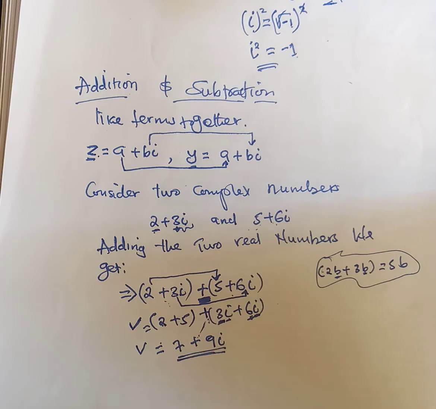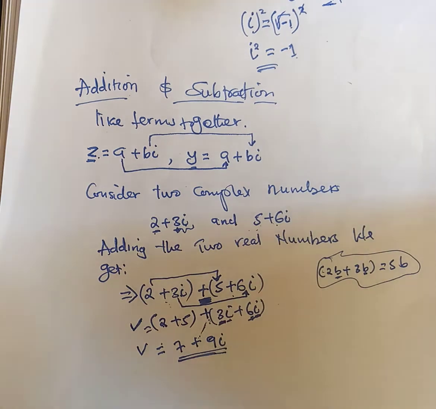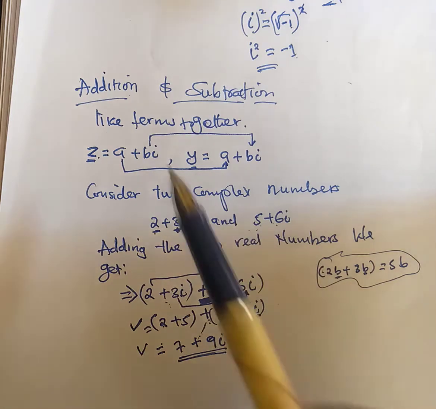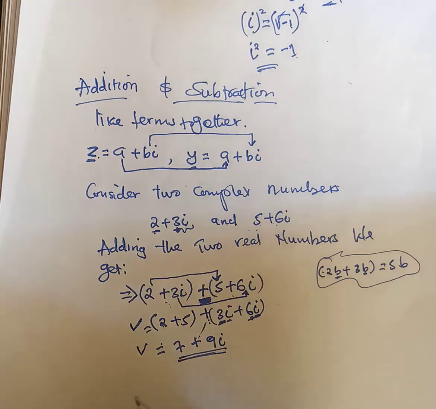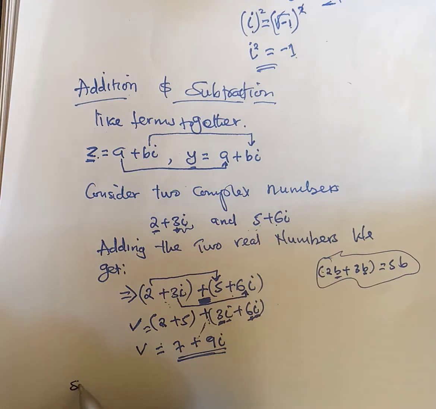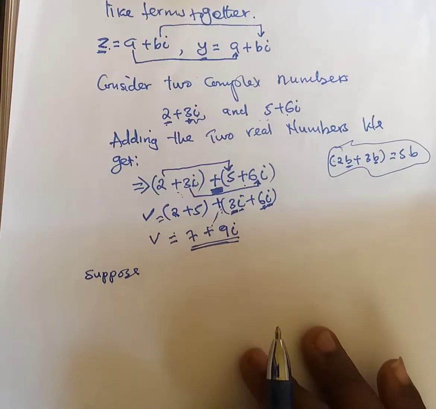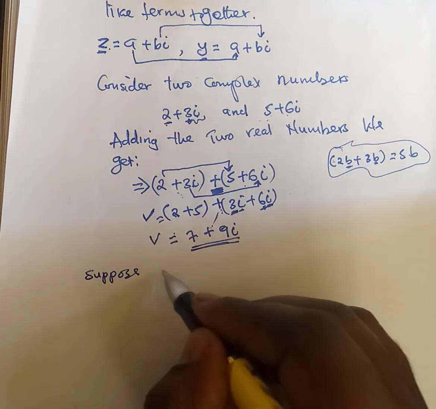If we were subtracting these two complex numbers, again the rule applies. That is, put like terms together. Now, let's see. Suppose you are given these two complex numbers.